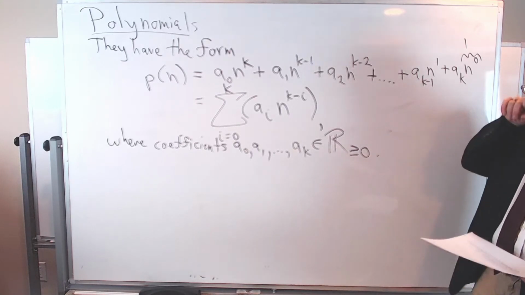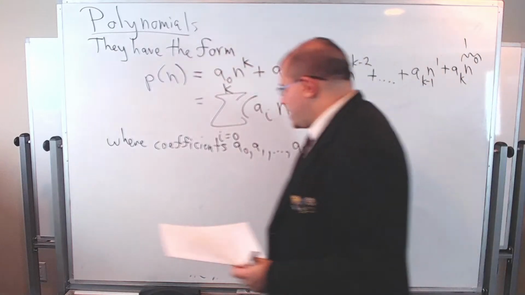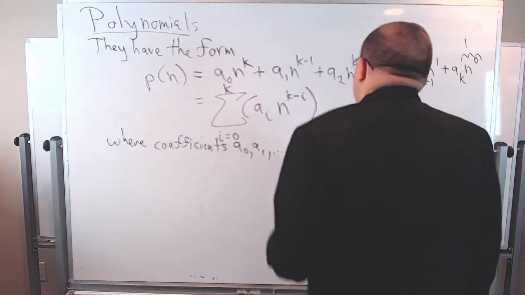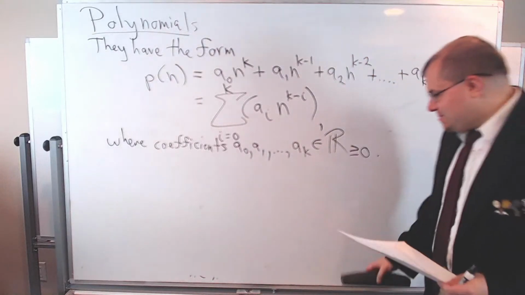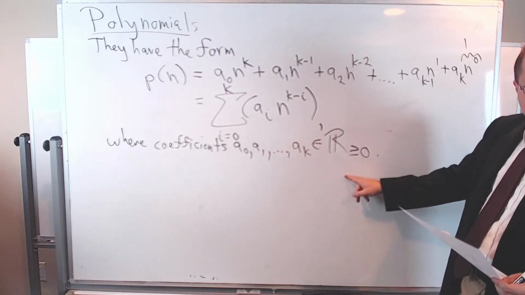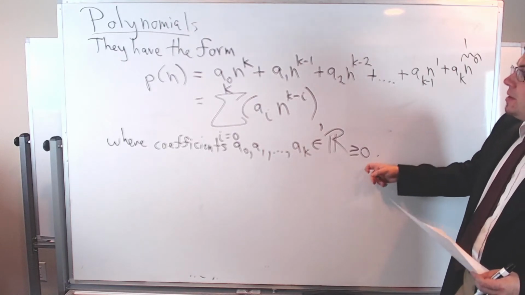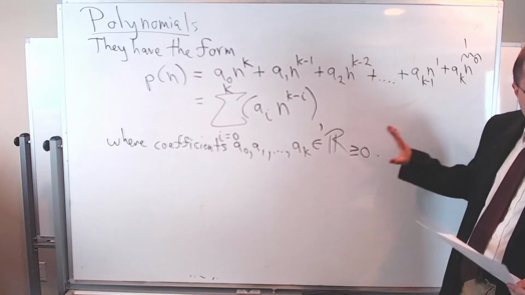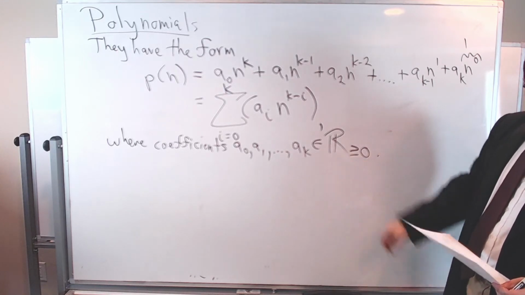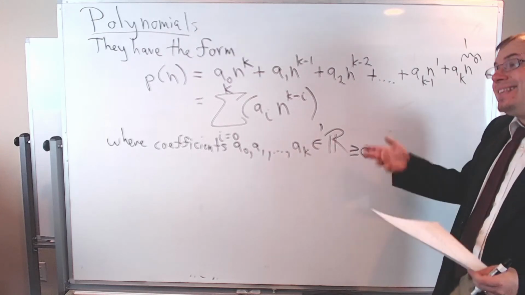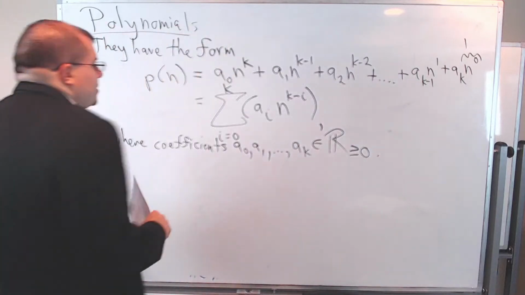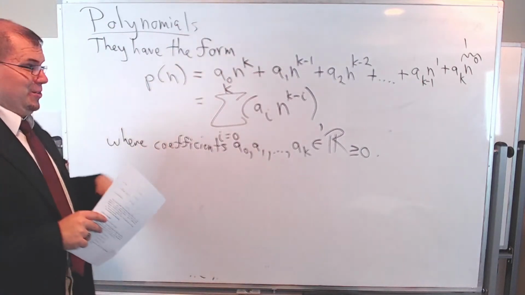Actually, I'm going to make this more interesting. Instead of making it just non-negative, I'll leave it like this. I'll assume that they're non-negative, so they can be 0 or some positive term. However, what I'm going to write here can generalize quite easily to when it has negative terms. You're just going to do something slightly different from what I'm going to show you. Basically, you're just going to discard the negative terms.